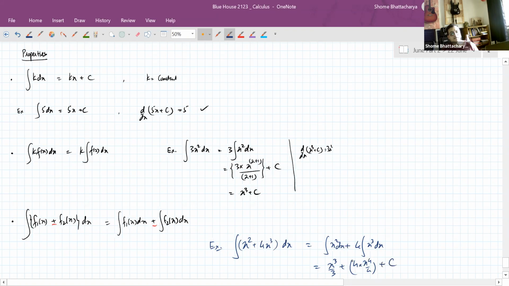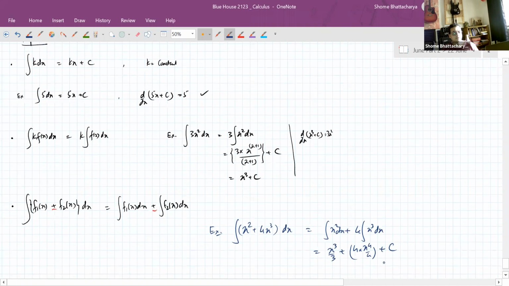And we will write a combined constant, because two separate integrals would have given us one constant each, but we will add them and write that as a combined constant. So this will become x to the power 4 plus x cubed by 3 plus c. So you can see that this is the antiderivative of this. If you differentiate this term, we'll get what we have over here, which is x squared plus 4x cubed.